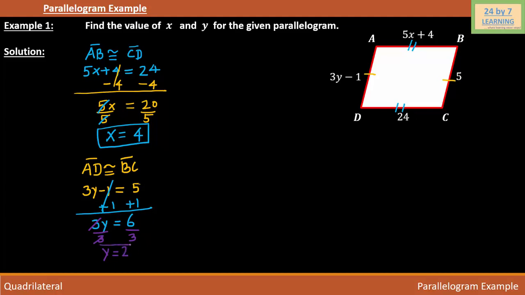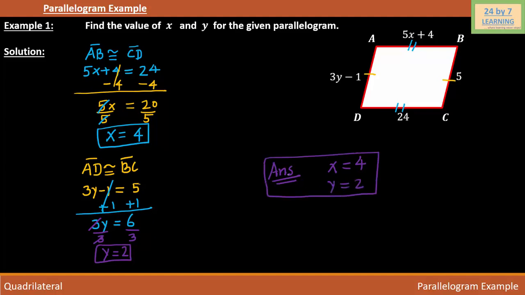My answer for this question is x is equal to 4 and y is equal to 2. And this is how we find the value of x and y for the given parallelogram.